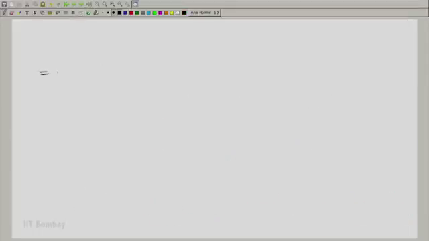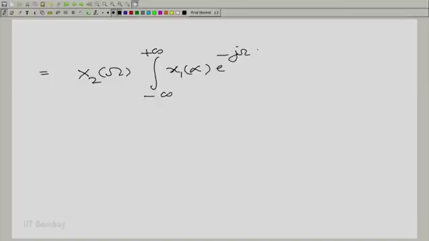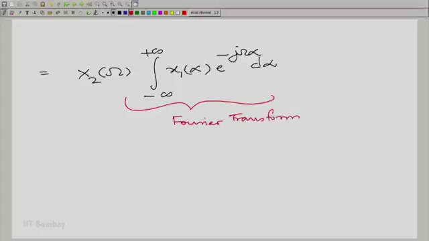So now we have capital X2 of omega, integral from minus to plus infinity, x1 of alpha e raised to the power minus j omega alpha d alpha, and now this is as familiar to us as the previous expression. So this is essentially the Fourier transform of x1, which we have called capital X1 of omega.